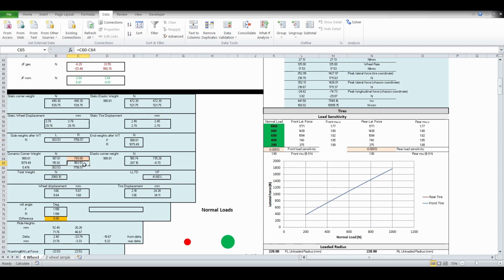The front and rear weights need to add up to be the same as the static front and rear weights, assuming we don't have any longitudinal weight transfer. So you can see, this equation may look like it doesn't make sense, but once you look at it, it does. It's based off of this number here, or it needs to have the number in here, or else when it iterates, this number is not going to work.